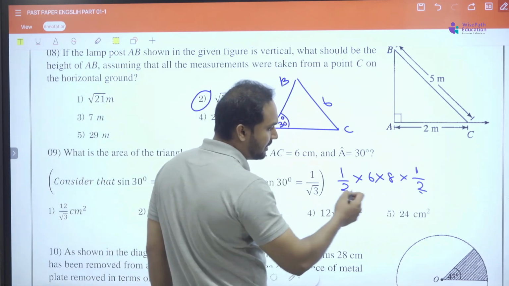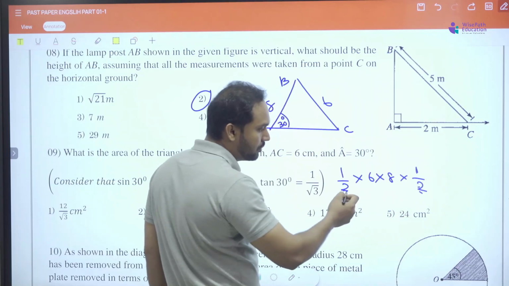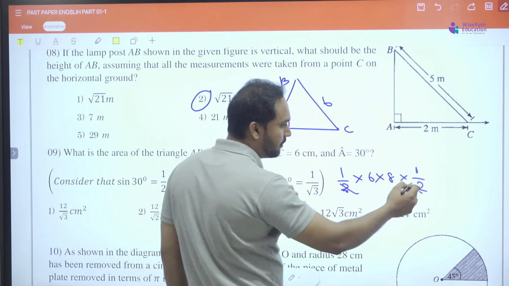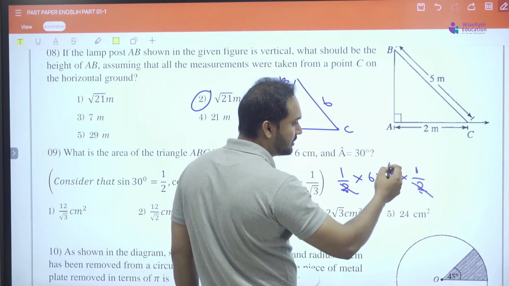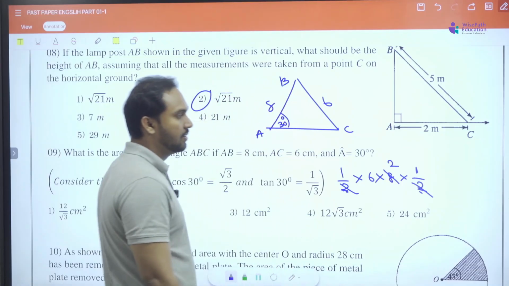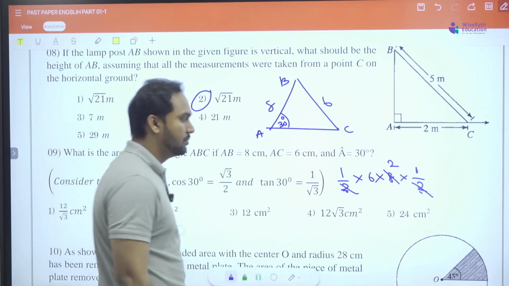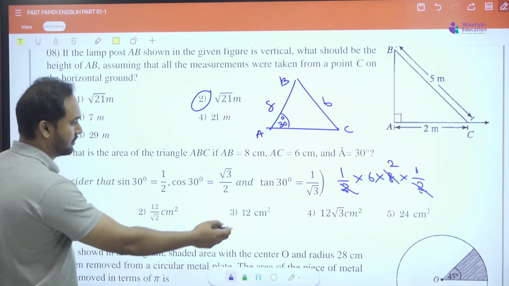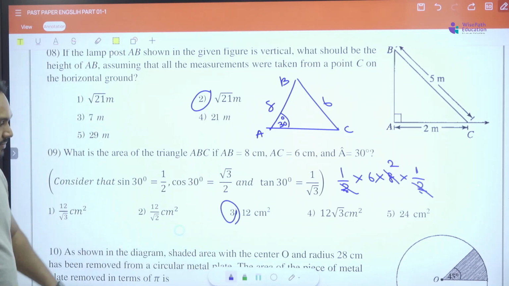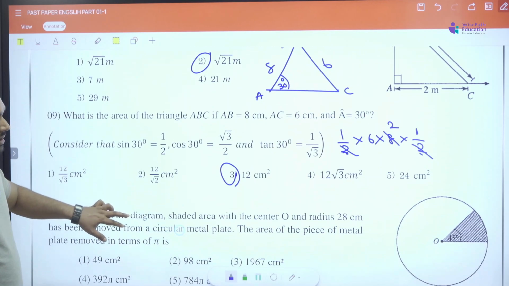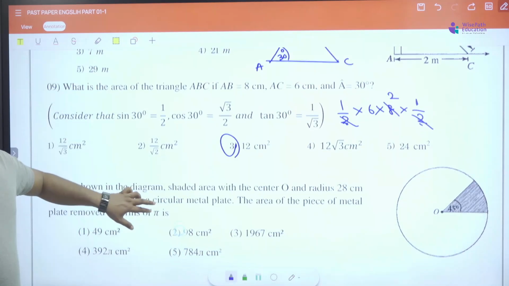2 into 2 is what? 2 into 2, 4. So 4 to 8 cancels out. 2 times 4, 8. What is left? 6 and 2. 6 into 2 is easy. It takes only milliseconds to answer something like this, isn't it?